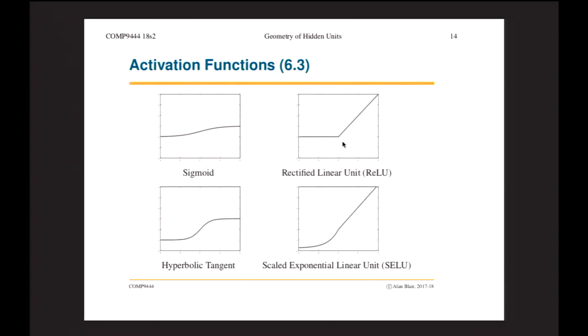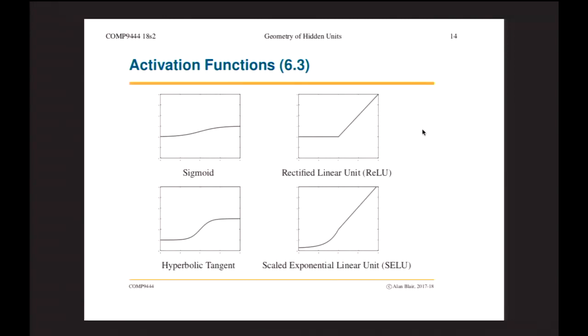Now, interestingly, an activation function that started to become popular around 2012, especially for image processing tasks, is this activation function here, which is called a rectified linear unit. For x bigger than 0, this is equal to x, and for x less than 0, this is equal to 0.